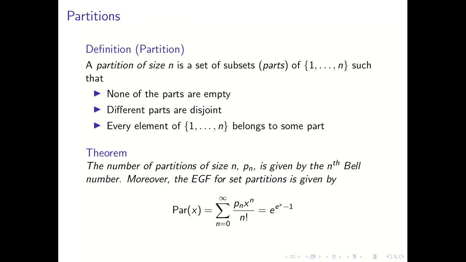The next thing that I'm going to use for my examples are partitions. And we've all seen partitions already. We're very familiar with them. What's a partition? It's a set of subsets that we call parts of 1 through n, and we want the parts to be disjoint, non-empty, and we want everything to belong to some part.